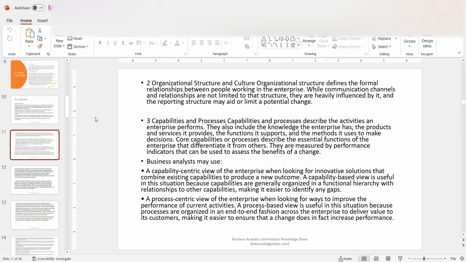A process-centric view of the enterprise is used when looking for ways to improve the performance of current activities. A process-based view is useful in this situation because processes are organized in an end-to-end fashion across the enterprise to deliver value to its customers, making it easier to ensure that change does in fact increase performance.